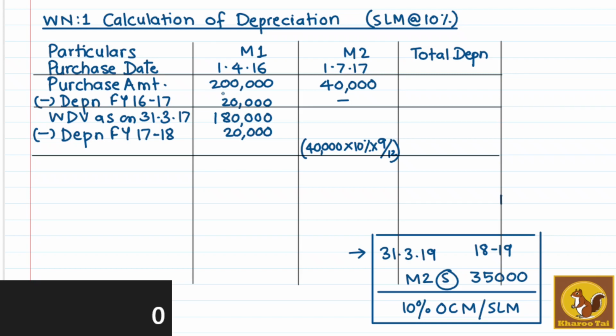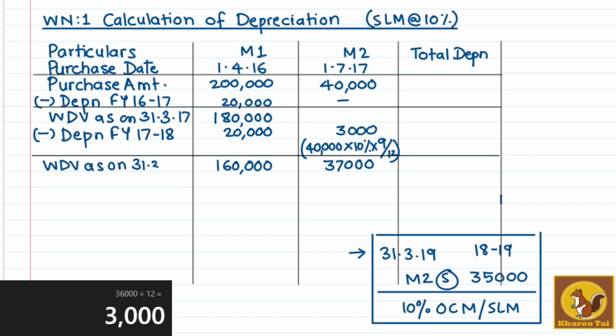And for second machinery, 40,000 into 10 divided by 100 is 4,000, that is 10%, into 9 divided by 12 will give us 3,000. So for second machine, the depreciation will be 3,000. Okay, so 40 minus 3 will be 37 and 180 minus 20 will be 160.